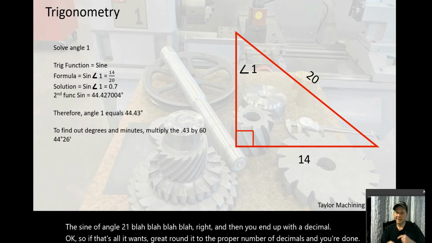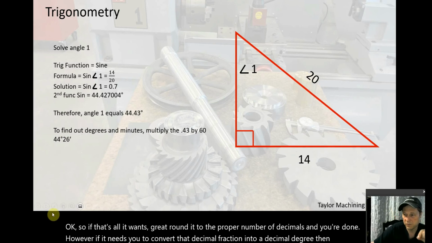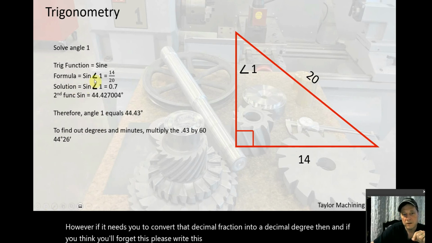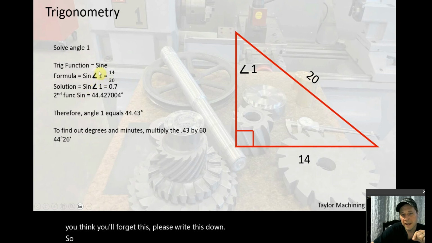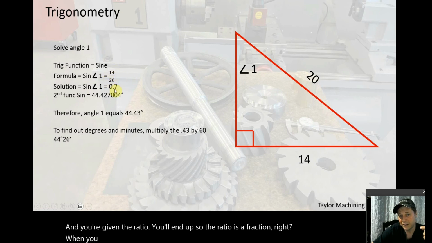However, if it needs you to convert that decimal fraction into a decimal degree, and if you think you'll forget this, please write this down. When you're solving an angle and you're given the ratio, the ratio is a fraction, right? When you solve that fraction, you get a decimal fraction.